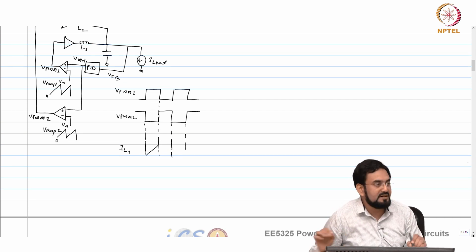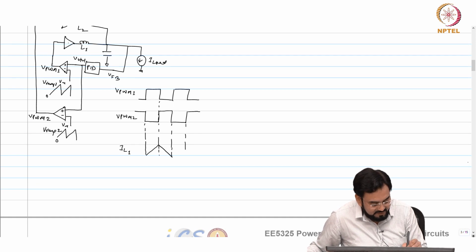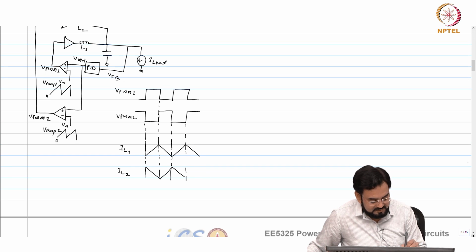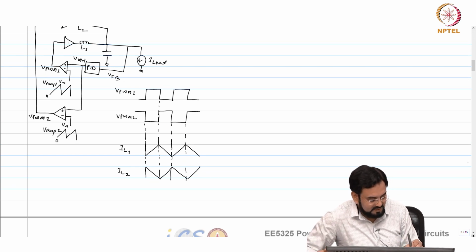Okay, because this is operating at VPWM, falling, rising, falling. IL2, what would happen? Rising or falling? Then what is the average? What is the average of this? I load by 2.